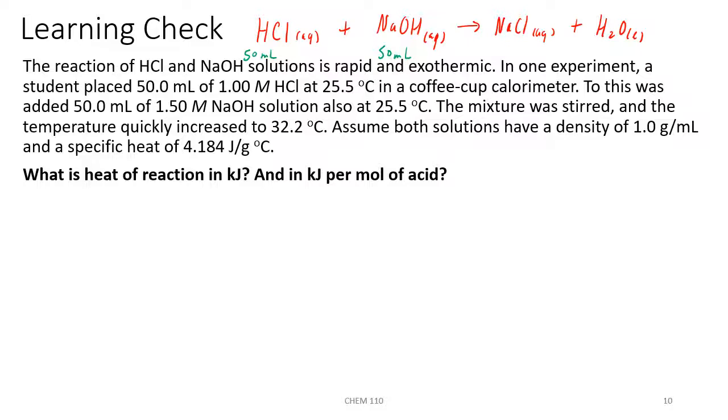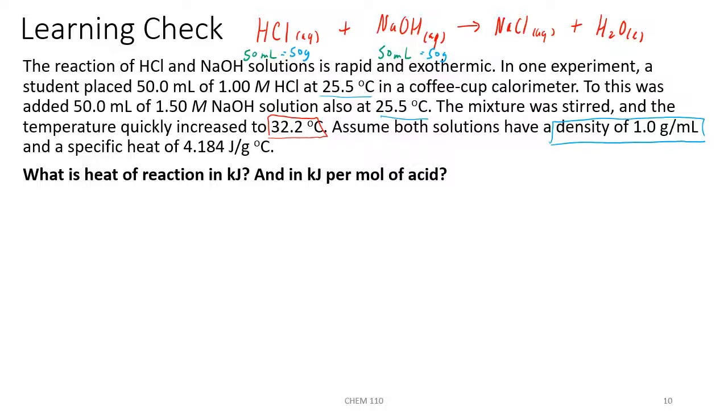By being told that the solutions both have a density that's the same as water, 1 gram per milliliter, we can assume that our 50 milliliters is also equal to 50 grams of the sodium hydroxide and the hydrochloric acid. So we know the mass of both of our starting solutions. We also know that they were both initially at the same temperature, 25.5 degrees Celsius. When they were mixed together and the reaction was performed, the temperature increased to 32.2 degrees Celsius.